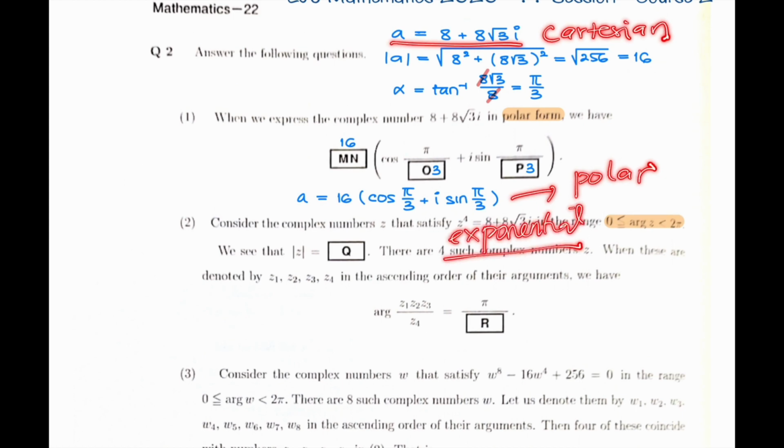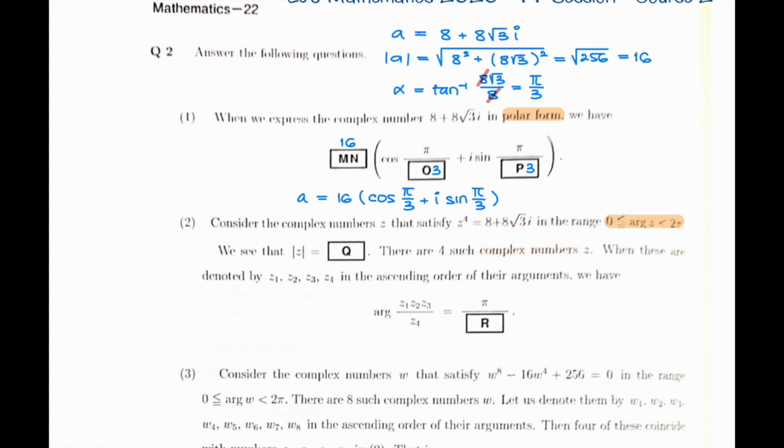If I want to express A in exponential form, A equals modulus times e to the power of alpha i. R is the modulus and alpha is the argument. So A equals 16 e to the power of the argument, which is pi over 3 i.